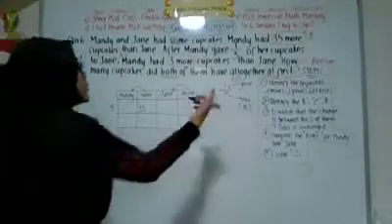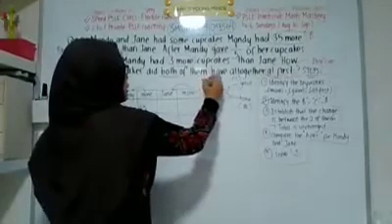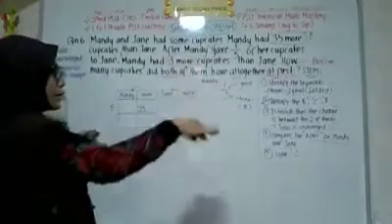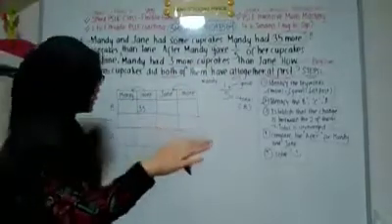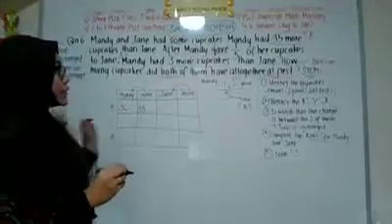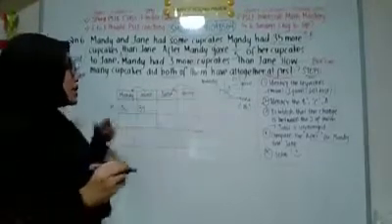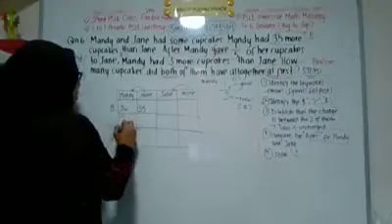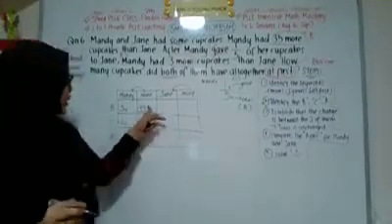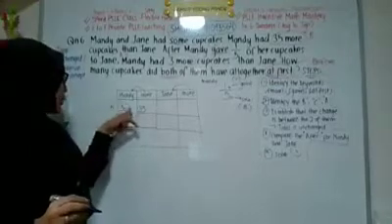Alright, which means for Mandy, the total, its denominator is 5 units, so it is my before. For the change, we minus 1. Now we look at this more here. Before, Mandy we know is 5 units.